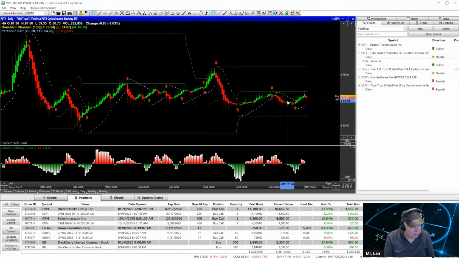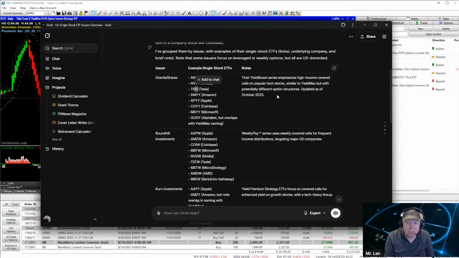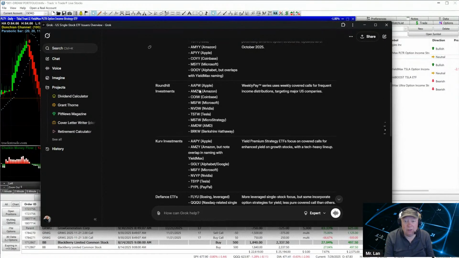Now, I think Granite Shares has a Palantir too. Granite Shares, do they have a Palantir? Oh, they don't. They have Google, Microsoft, Apple, Coinbase, Amazon, Tesla, NVIDIA, AMD. So Round Hill, do they have a Palantir?